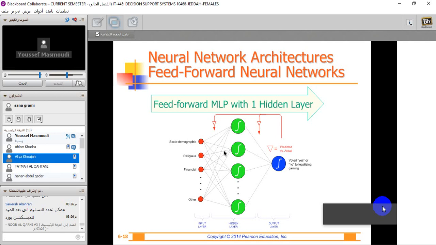So here you have a feed-forward multi-layer perceptron with one hidden layer. Here you have the input layer, here you have the hidden layer where you have the summation, and here you have the output layer.